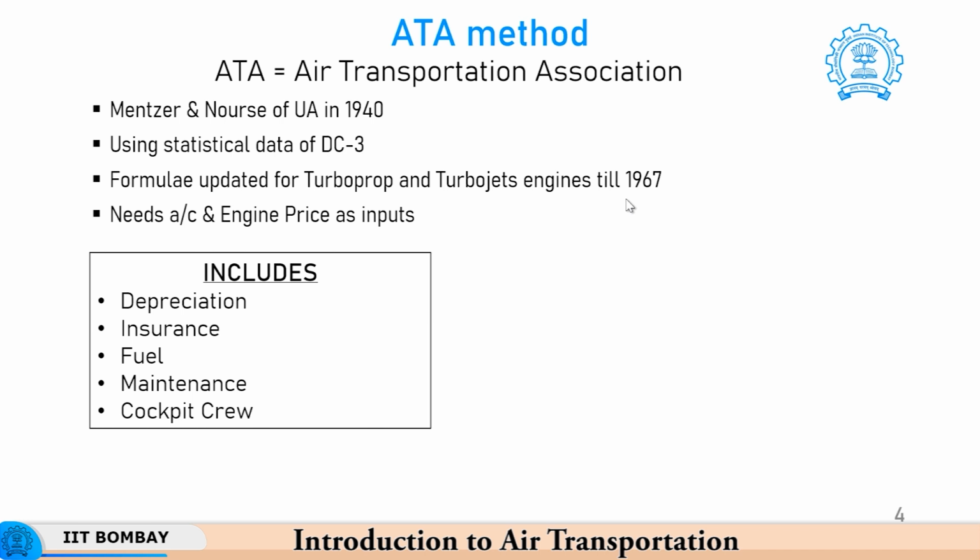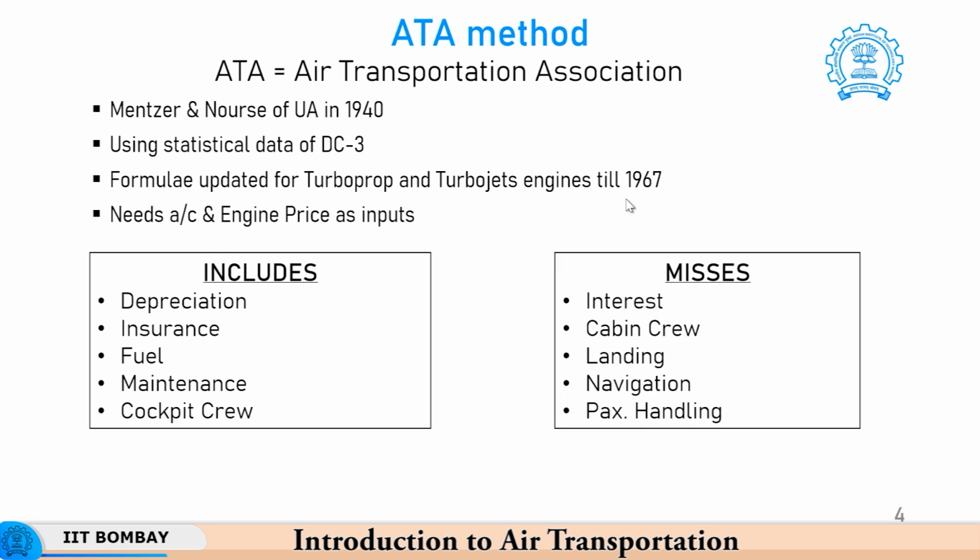For example, it includes depreciation, insurance, fuel, maintenance and cockpit crew, but it leaves out certain important terms such as interest, cabin crew, landing charges, navigation charges and passenger handling charges, or the fees that we had mentioned. So, in the ATA model, the crew costs are only concerned with the cockpit crew, the cabin crew is left out.